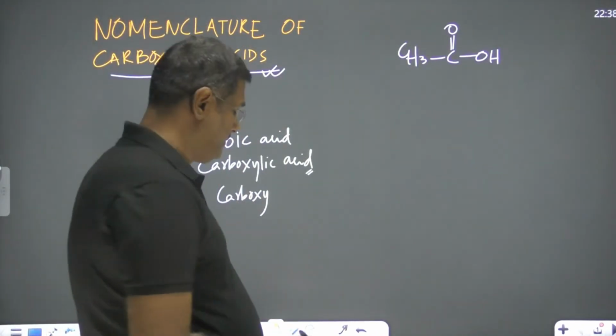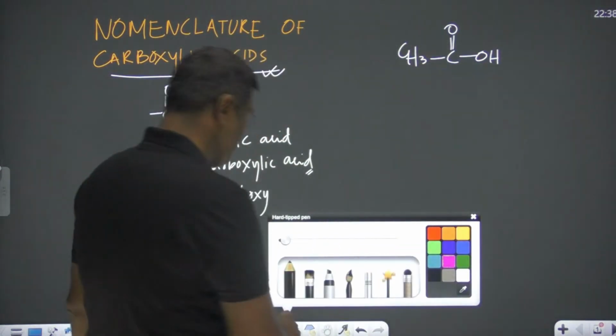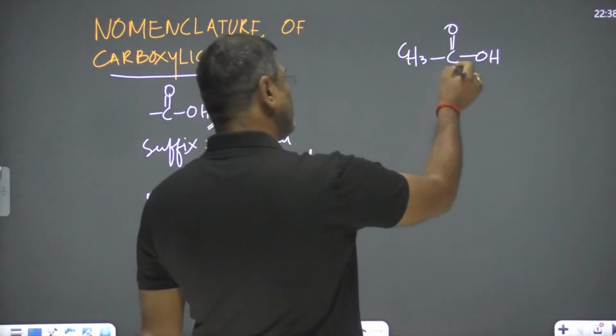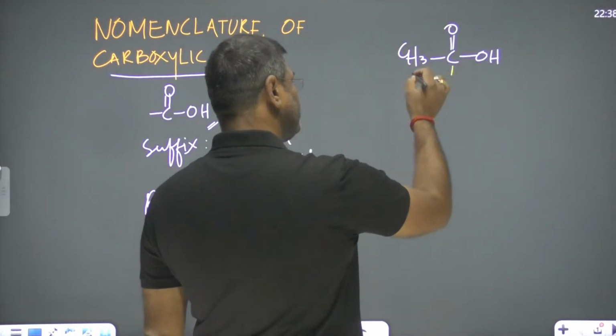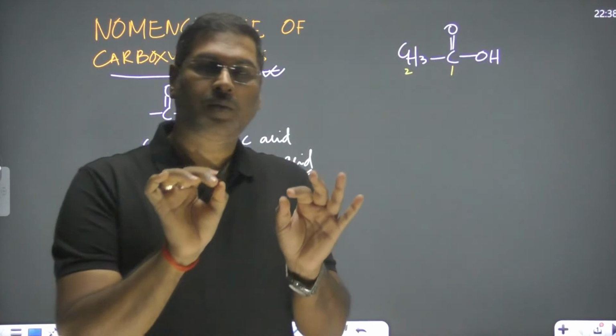Very simple. First, you see this carbon is considered first, this one is second. We form the parent chain.